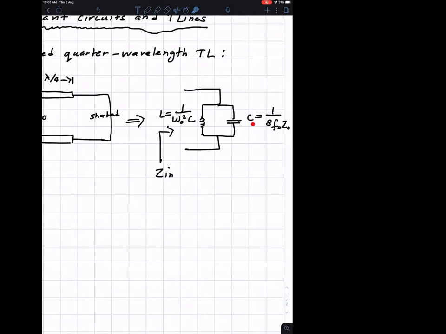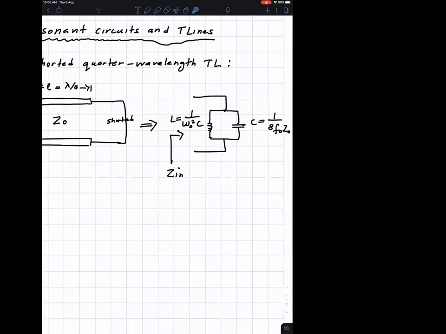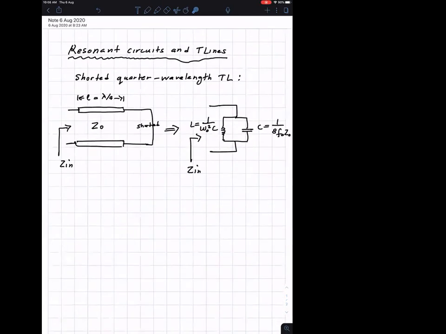Once you find the capacitance, you put it inside here, and then you'll find the inductance. The inductance will be 1 over omega naught squared C. Omega naught here is in radians per second, F naught here is in hertz. And you know they are related by omega naught equals 2 pi F naught.